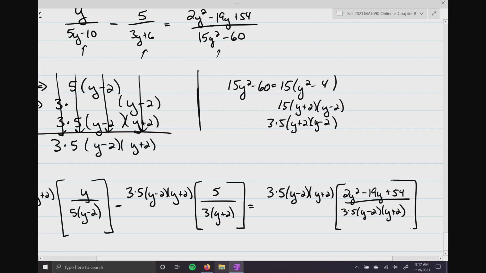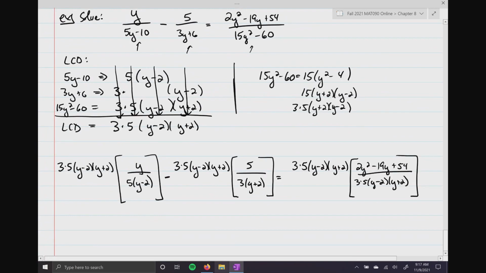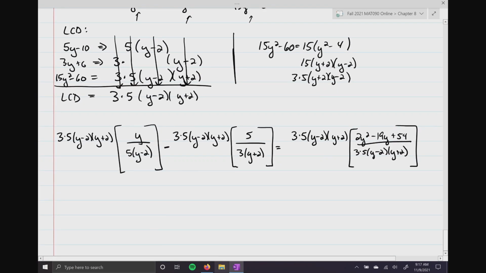All right, so let me zoom out here a little bit so we could see everything. All right, like I said, this one, tough. However, let's just take our time. So before we move on, let's just recap what we're doing.